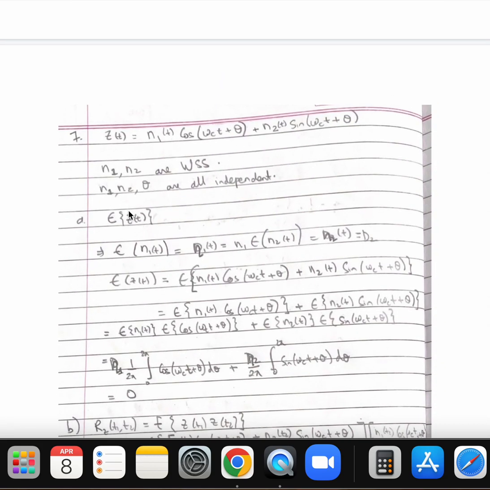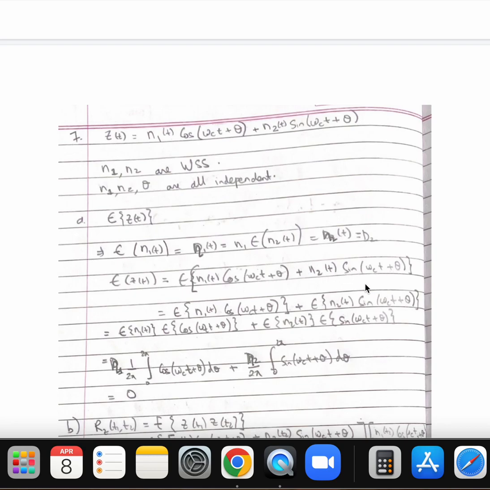So for the expected value of Z(t), we will first note that the expected value of eta 1(t) is the constant eta 1, and similarly the expected value of eta 2(t) is eta 2. To find the expected value of Z, we can write it as the expected value of eta 1 cos(omega_c t + theta) plus eta 2 sin(omega_c t + theta).